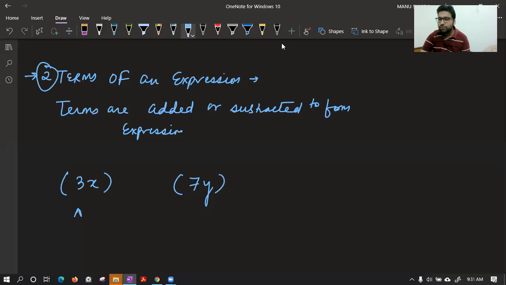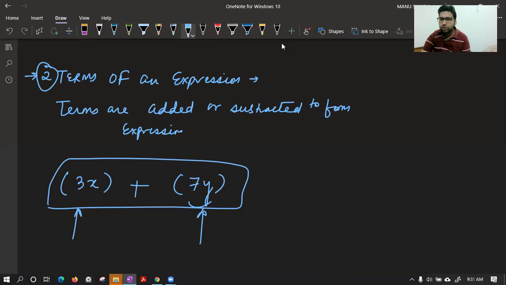This is a term. This is a term, 7y. If I put a plus sign between them, this is an expression that we normally use. It is an expression containing two terms. Try to understand. This is an expression containing two terms.